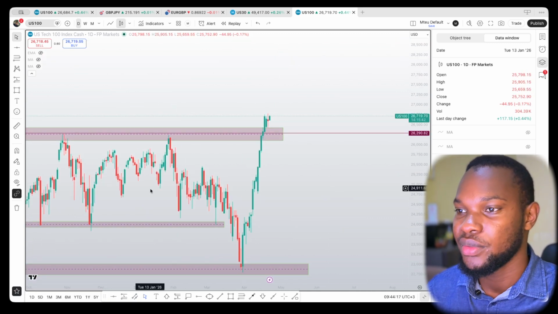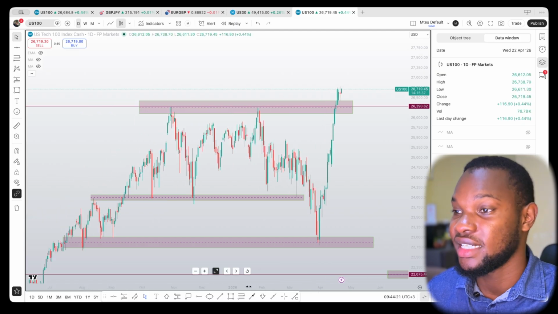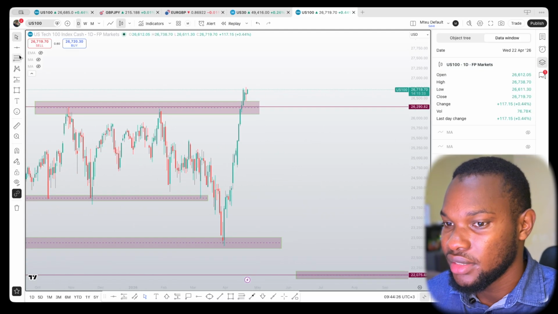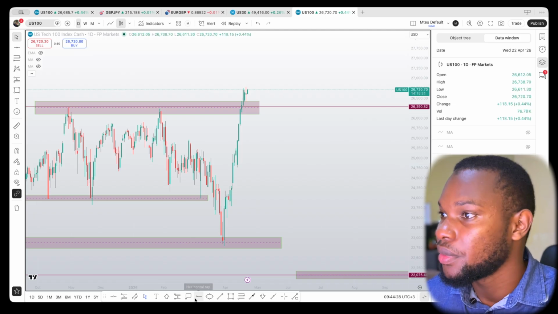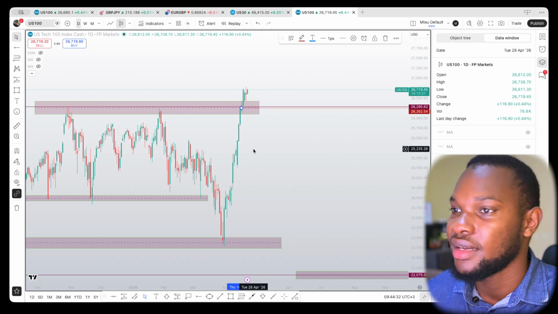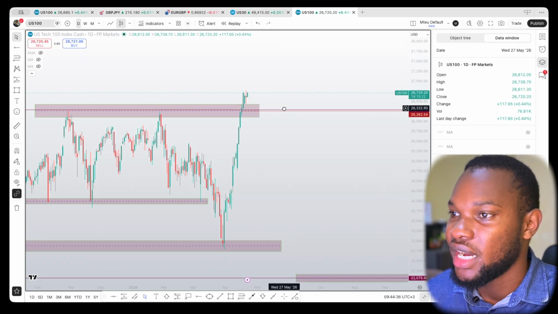On the daily, what I do is identify those key levels where I'm interested in taking a trade. So here we have 26,900, and I would take a buy here.